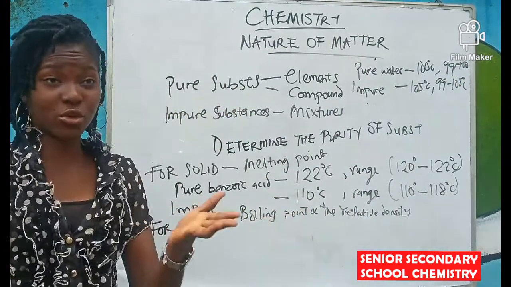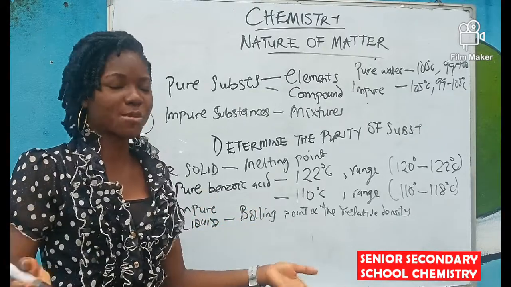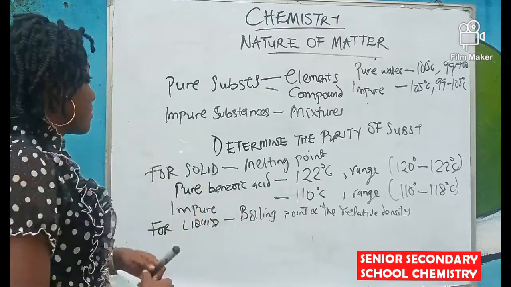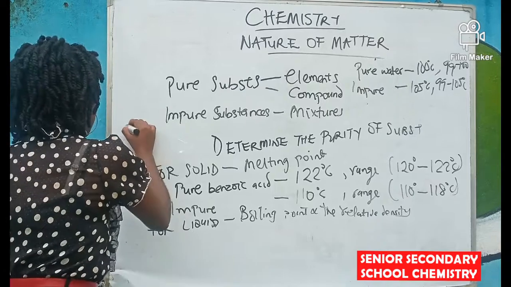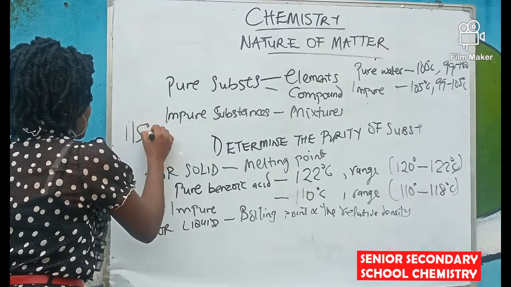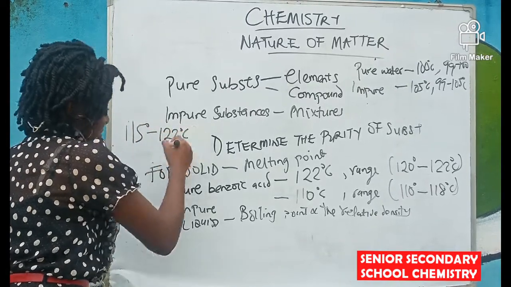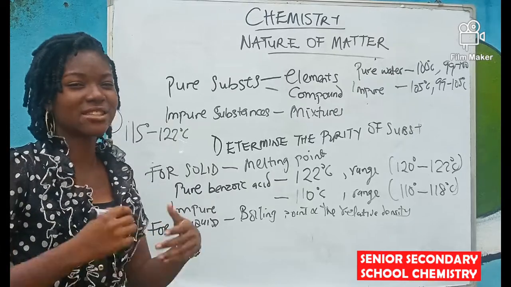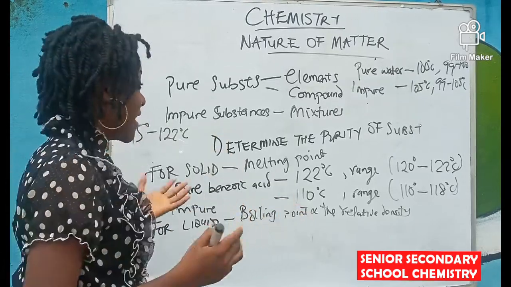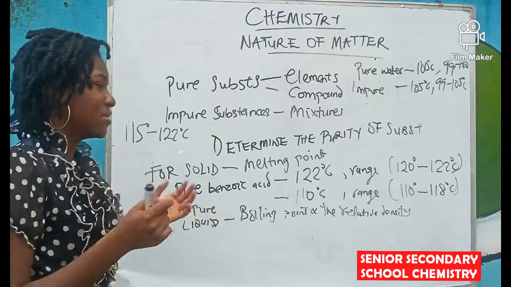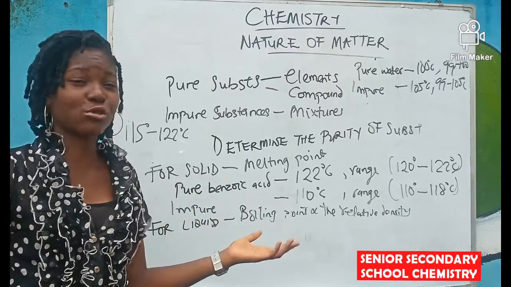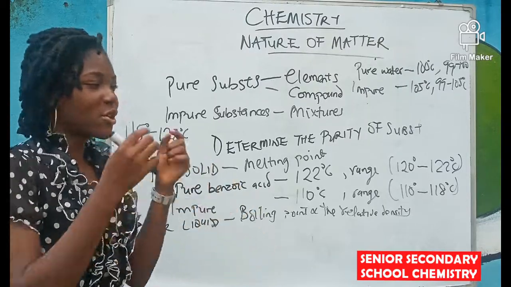Now you can be asked a question like this: an organic substance melts at 115 degrees to 122 degrees C. This indicates that the solid is dash: A, pure; B, impure; C, hygroscopic; D, deliquescent.